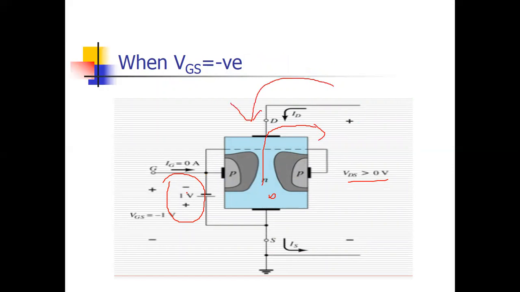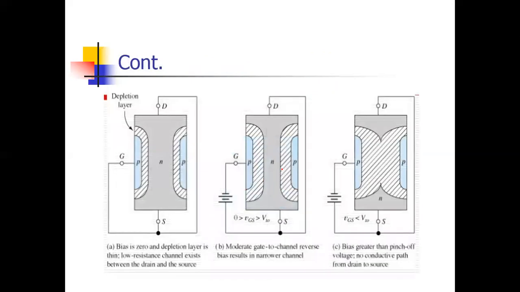But due to this negative voltage, the depletion region increases. If the depletion region increases, current decreases. At one point, what will happen? These 2 depletion regions join. So again, the width is 0.